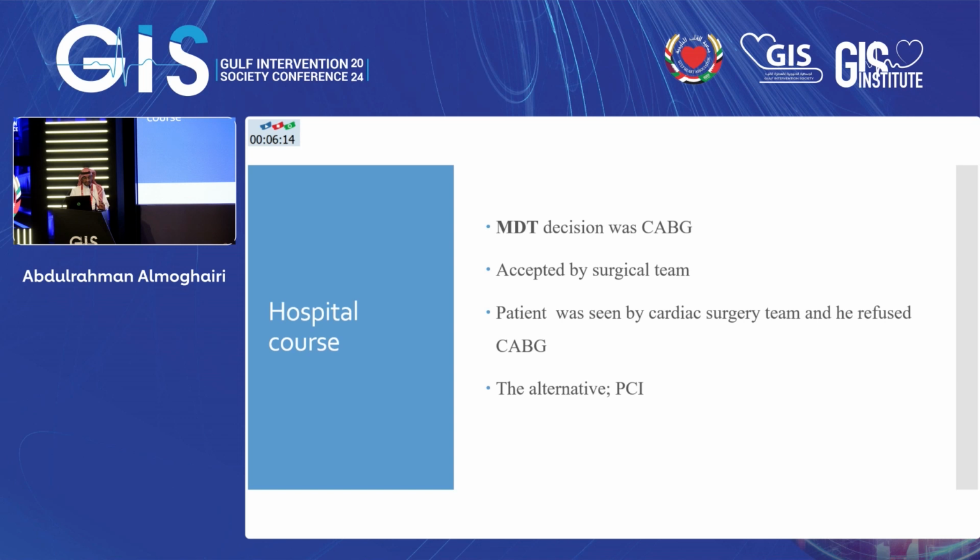Then the case was discussed in the heart team meeting, and the consensus was for CABG. The surgeon accepted the patient, and they went to the patient and discussed with him in detail, but the patient again refused surgery.